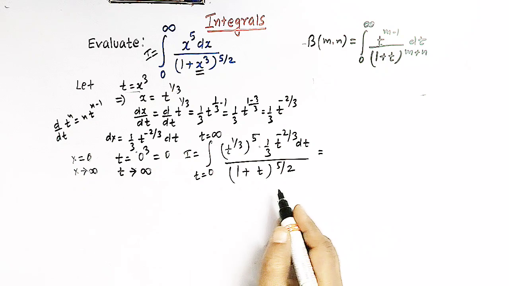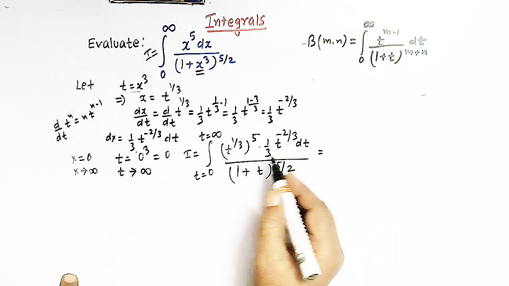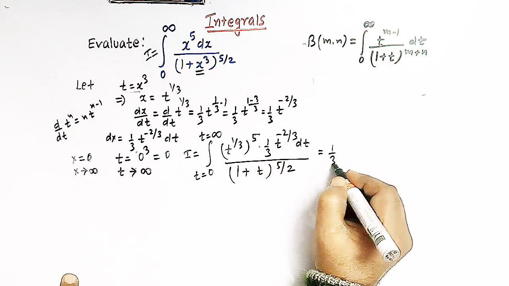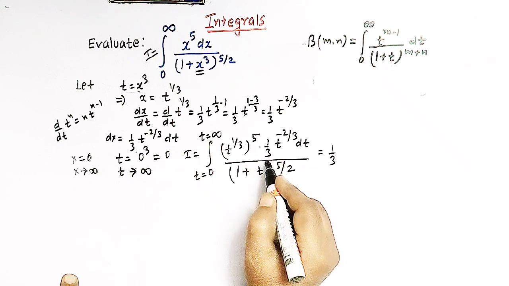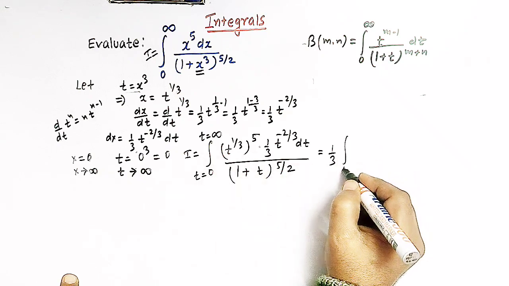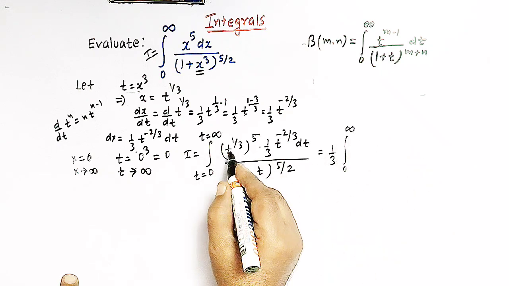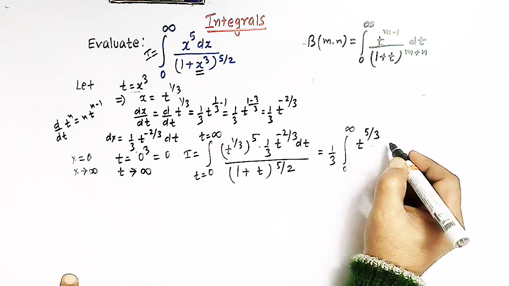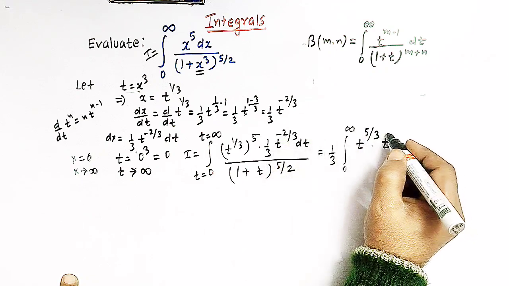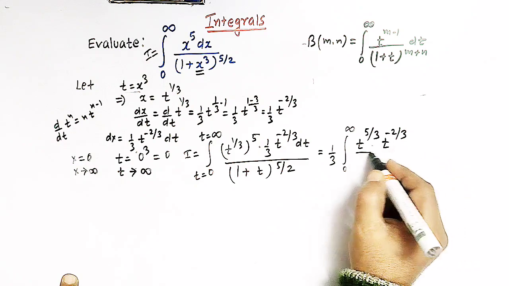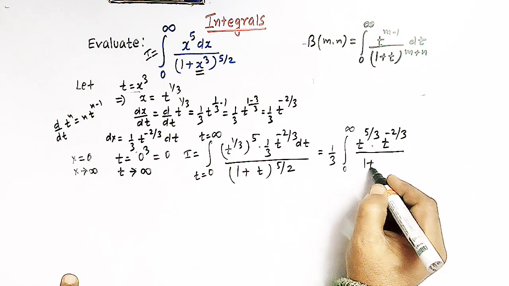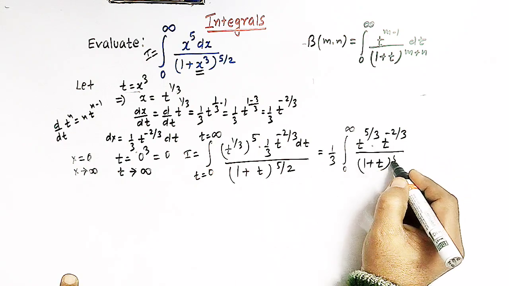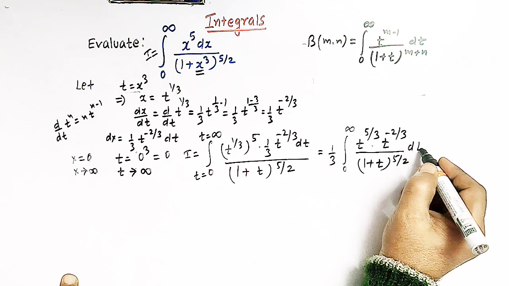So now let us arrange the terms and simplify. We can take 1 over 3 outside the integral. We have 0 to infinity, then t raised to 5 over 3, and t raised to minus 2 over 3, and 1 plus t raised to 5 over 2 and dt.